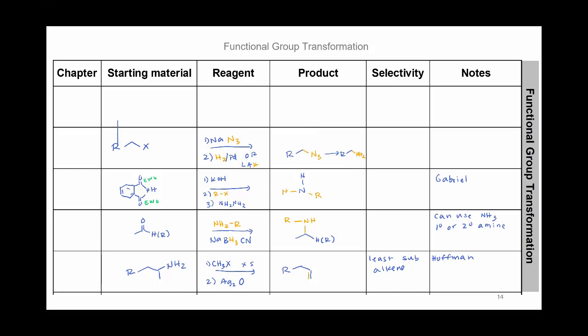All right, so the next reaction, this is chapter 23 continued, involves a secondary amine. You add sodium nitrite with HCl, which forms this HONO.